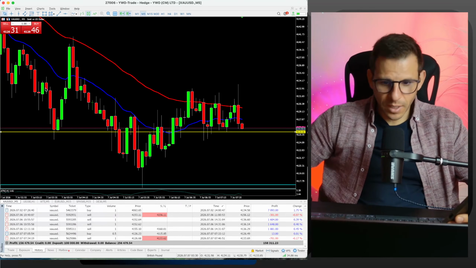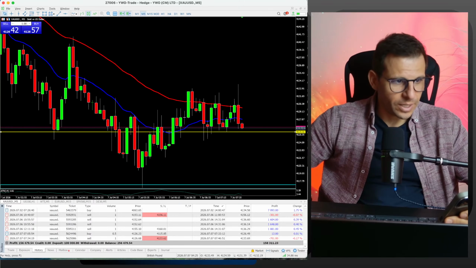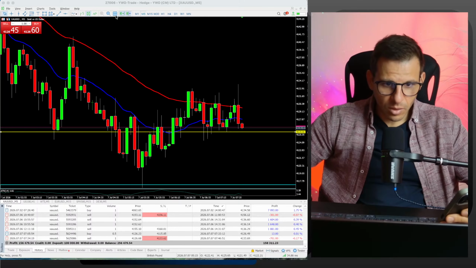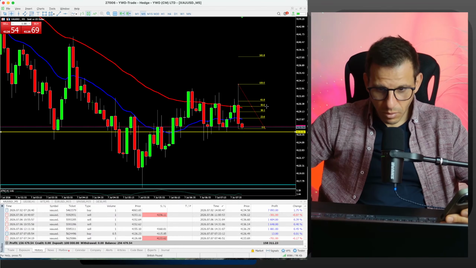Okay, now the price took the low. I will wait for a little push to the upside and I hope it's going to come, because I'm going to go in only at the 50% retracement. So it's going to be somewhere here.